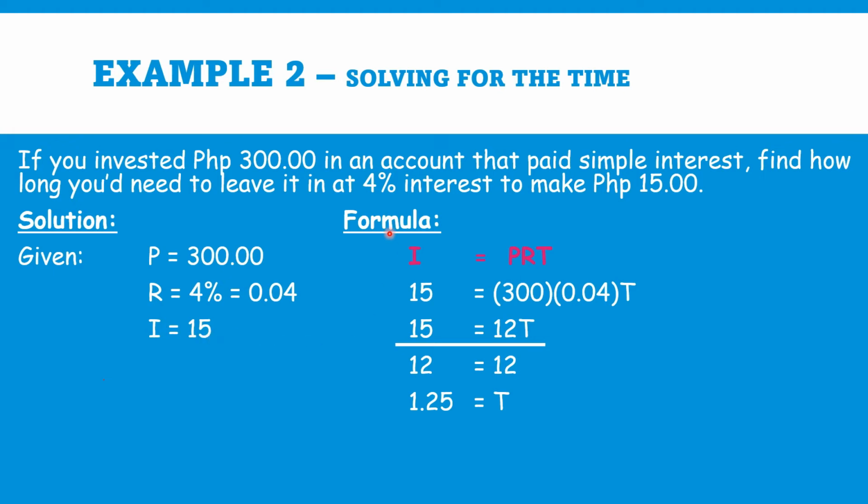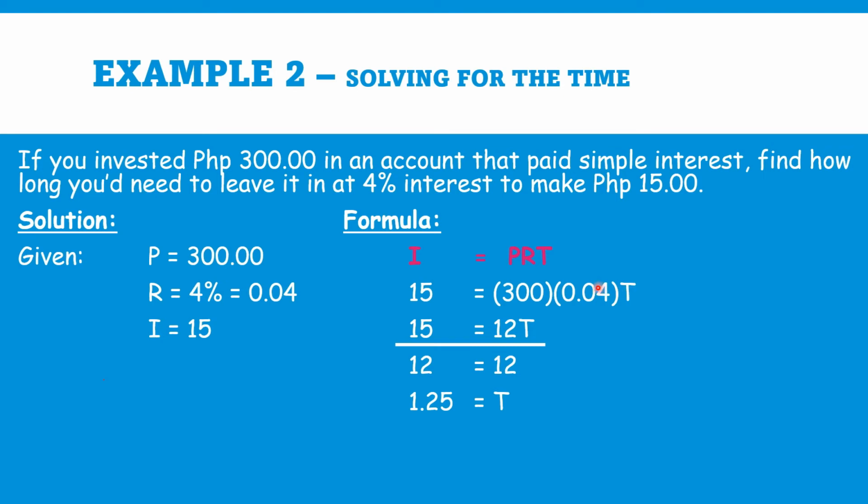Still we are going to utilize the formula I is equal to P times R times T. Since I is given, we substitute I is equal to 15 equals the principal, which is 300, times R, that is 0.04. Since the time is not given, T now is the unknown variable.